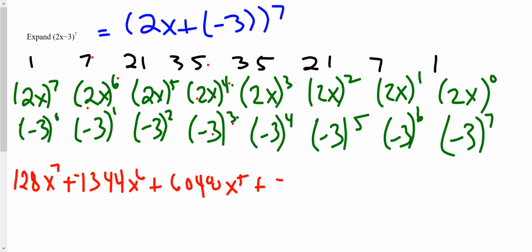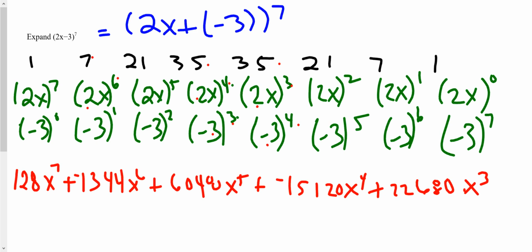I can't remember what blanks we had to put in there. So 15,120, excuse me, and we've got x to the fourth, and 35 times 2 to the third times negative 3 to the fourth. That's going to be a positive because negative 3 to the fourth is positive, and we get 22,680 x to the third.